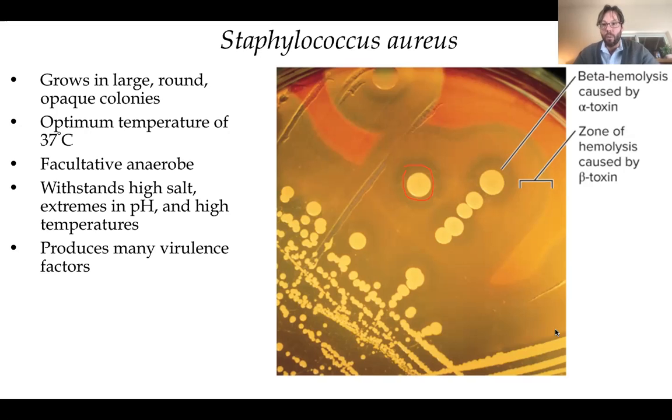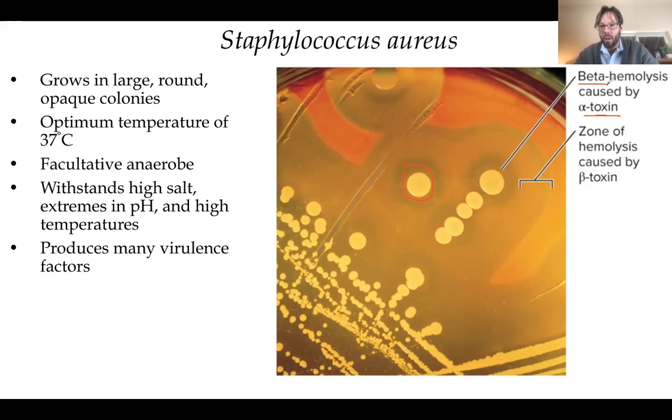On top of that, they have lots of virulence factors that we'll get into in a little bit. And one of them is an alpha toxin. So the alpha toxin here is what it secretes. And what that does is that breaks down the hemoglobin in a way that's called beta hemolysis. There's beta and alpha. We'll go into those in a little bit.